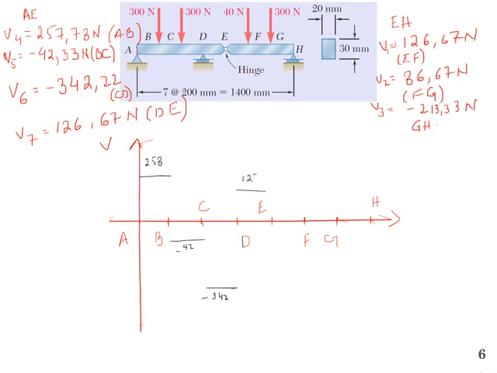Let me write 127, and from E to F it's again constant 127, a straight line, and then from F to G this becomes 87.67, so let me write 87, and from G to H it's negative 230.